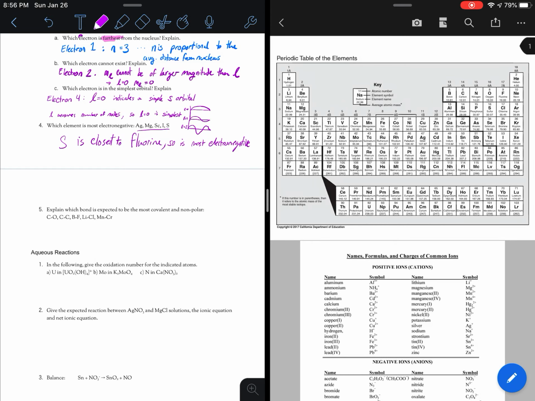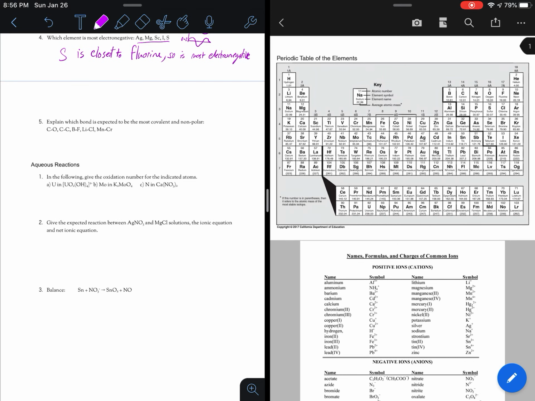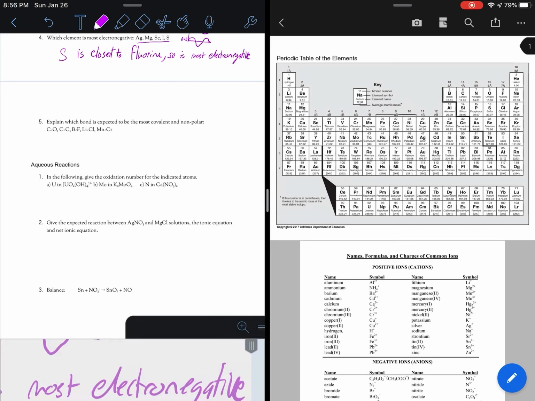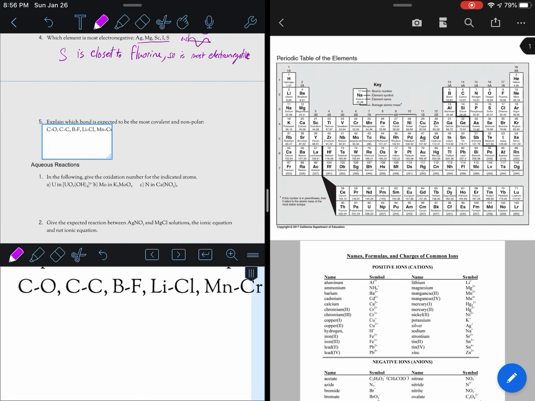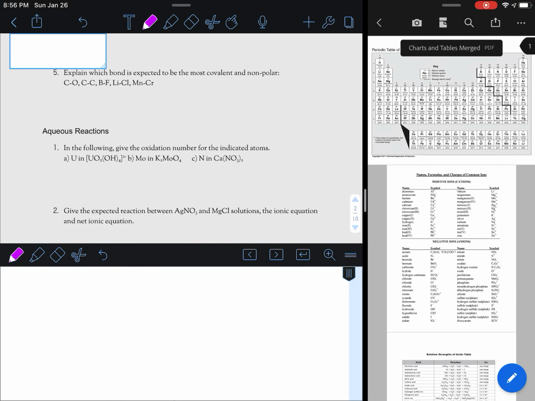All right, which bond is expected to be the most covalent and non-polar? So to get a non-polar and covalent bond, you'd want two elements that are very, very close together, and have the least electronegativity difference between them. So covalent, non-polar.